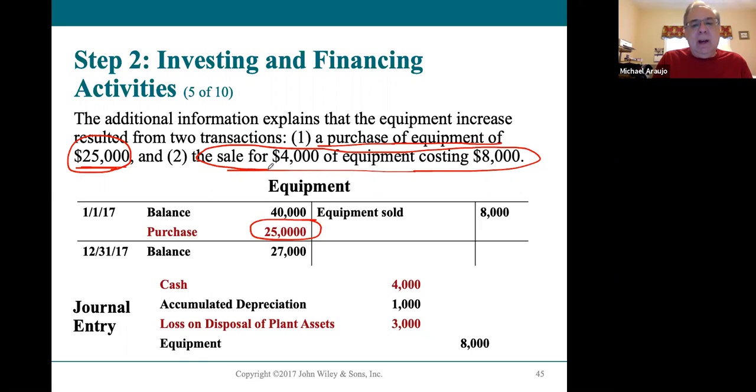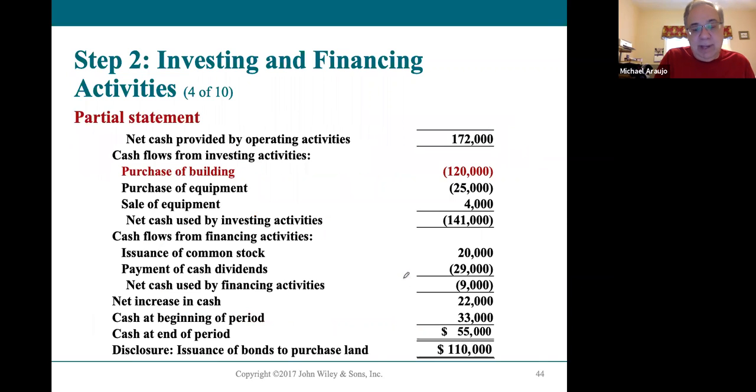Okay, it cost them $8,000, but it had $1,000 in depreciation. And so when you look at that $4,000 in cash, that affected cash. But in this case, they ended up losing money.